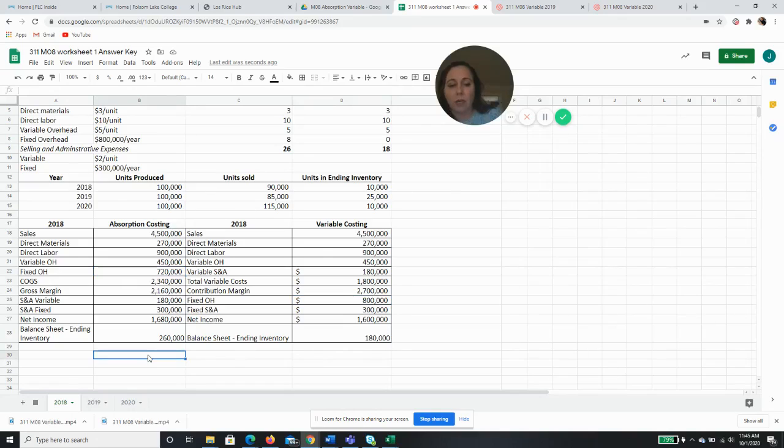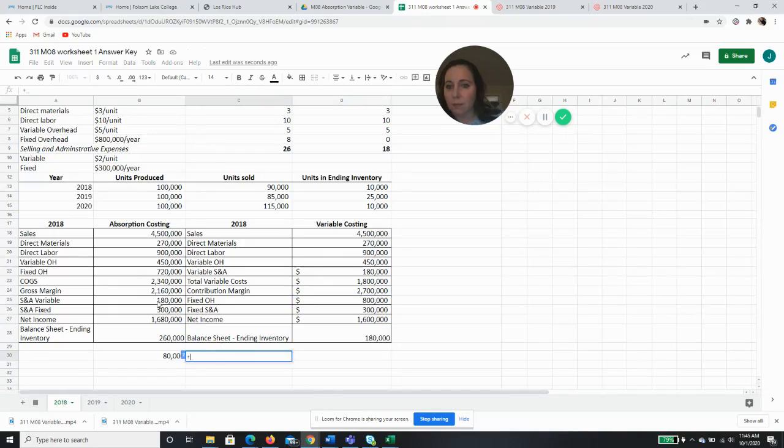Okay, so if we look, our absorption net income minus our variable net income is 80,000, and that difference is the difference between what we expensed for fixed overhead in absorption minus what we expensed for fixed overhead in variable.